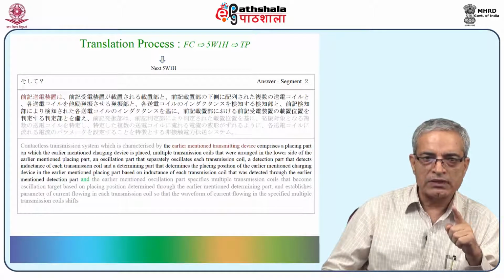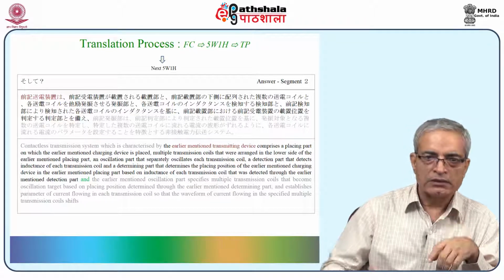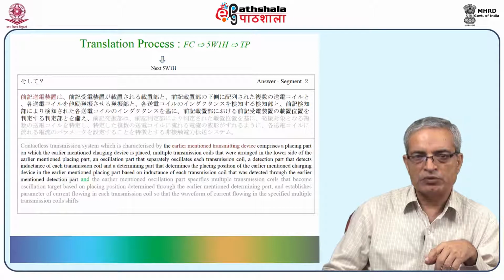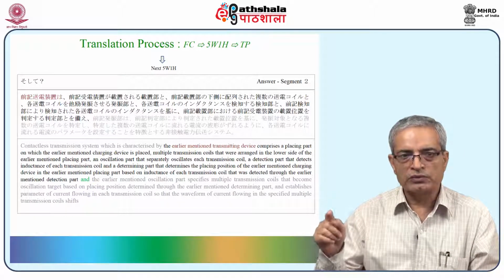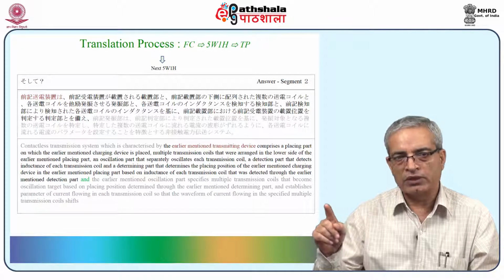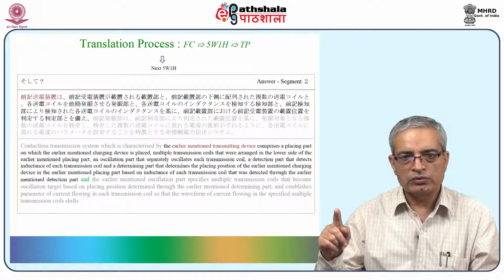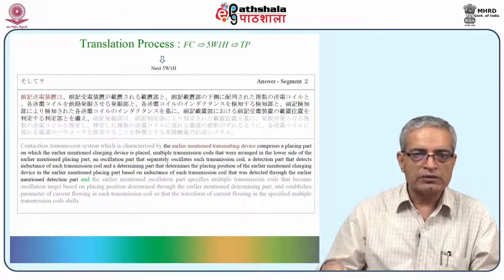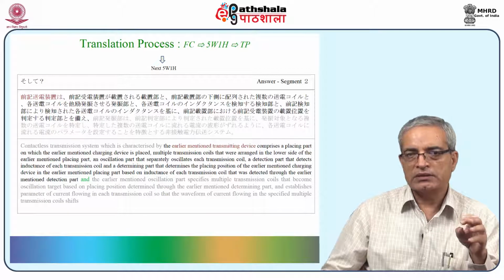And if we see, it starts with the zenki soden sochi wa, then it goes to something sareru, saichi buto, and then fukusuno soden koirto, then kaku soden koiru o, and if you continue, then it is hashin buto, then again kenchi buto, and finally kenchi bu ni yori kenchi sareta kaku soden koiru no inductance o motoni.